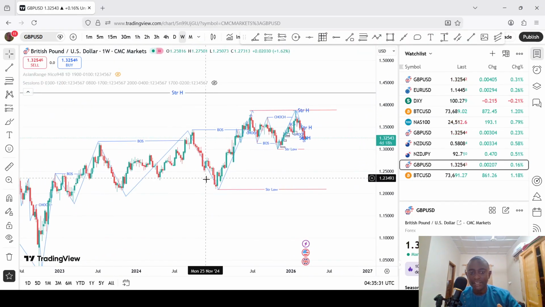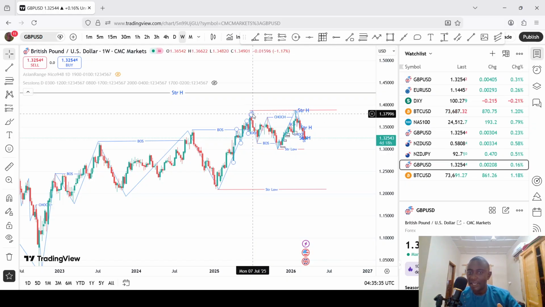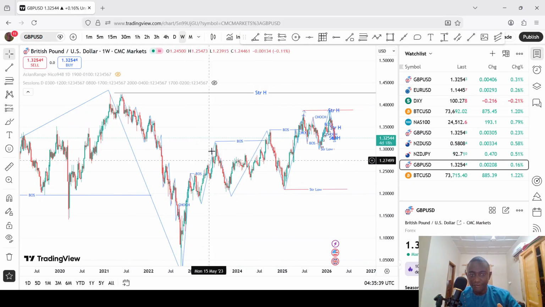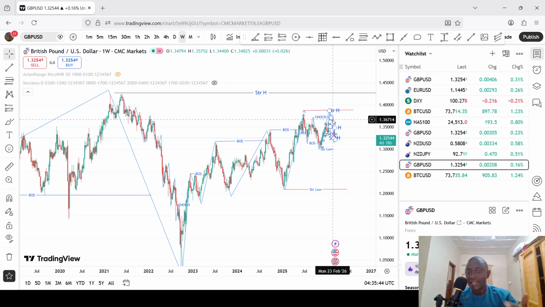So from here price came here and went all the way up. You get it? All right. So within this smaller time frame, we are getting higher highs, higher lows, lower lows, lower highs. We are having an uptrend within this time frame.